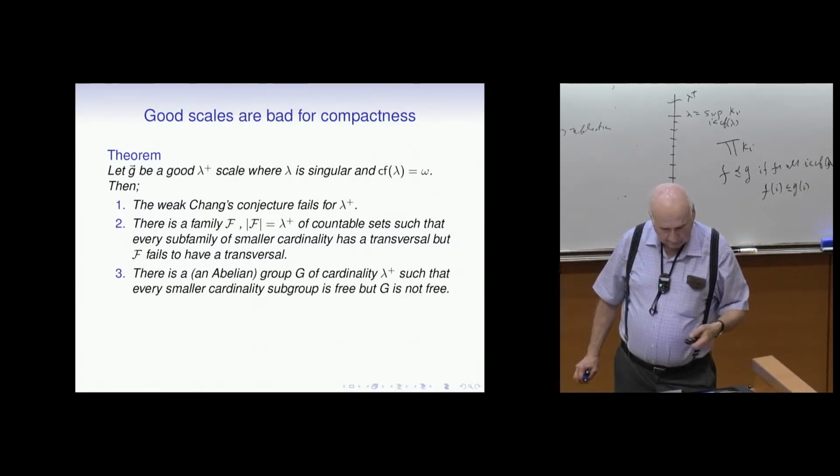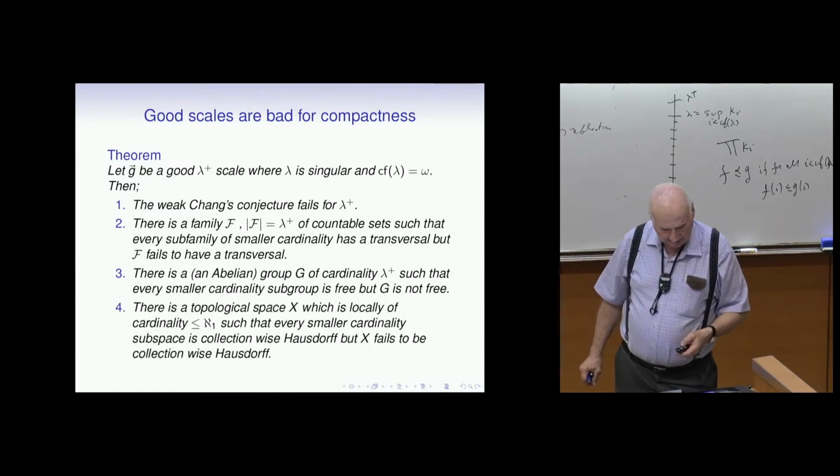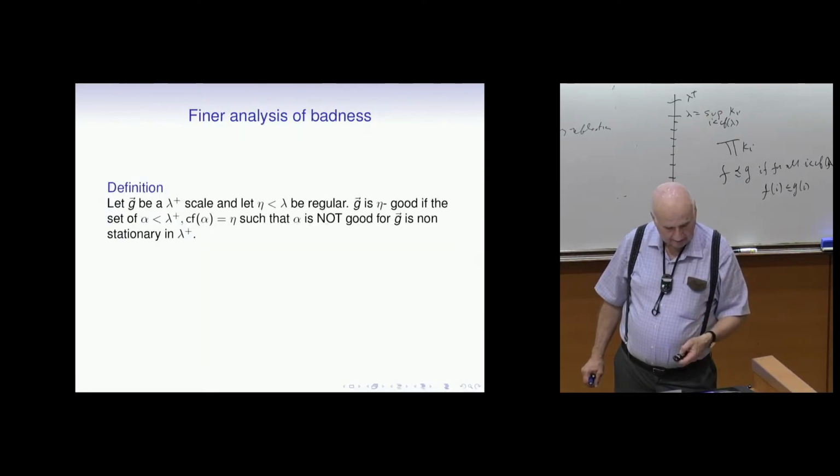There is an abelian group of cardinality lambda plus such that every smaller cardinality subgroup is free, but G is not free. Here we use the fact that the cofinality is omega. Every topological space with local character at most Aleph1, if every smaller cardinality subspace is completely Hausdorff, but X fails to be completely Hausdorff. So having a good scale is bad for compactness, it generates counterexamples to compactness.